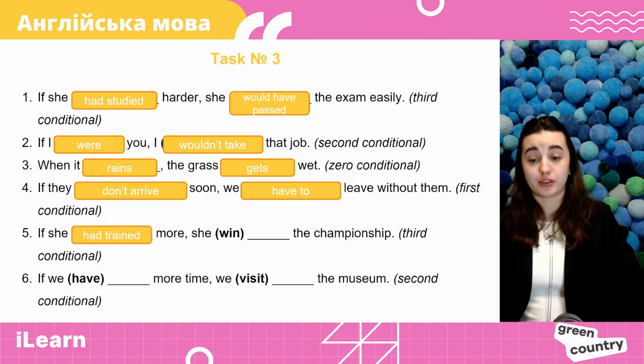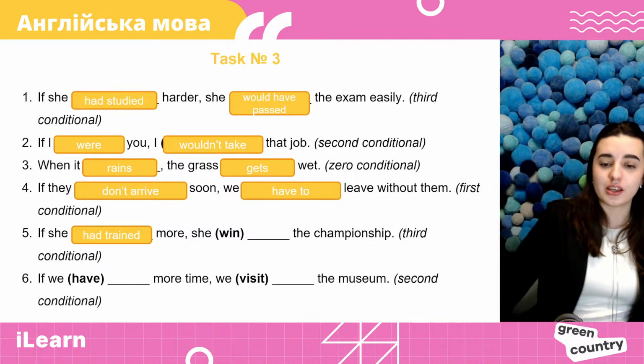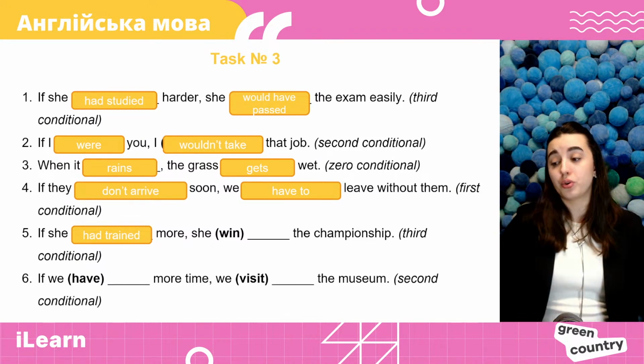So if she had trained, and let's think, win in the third form. What is it?